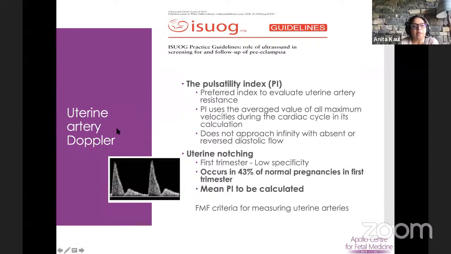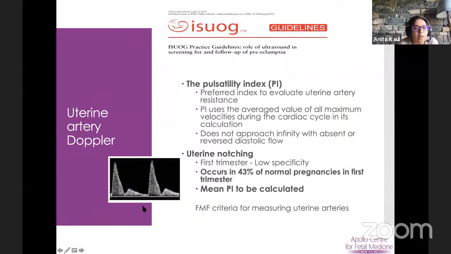I've just put up this slide on uterine artery Dopplers because I think people give aspirin really. I'm really unhappy about the fact that people just start giving women aspirin on uterine notching. You need to understand that 43% of normal pregnancies in the first trimester will have a notch. So that is not what is important. What is important is the mean PI.